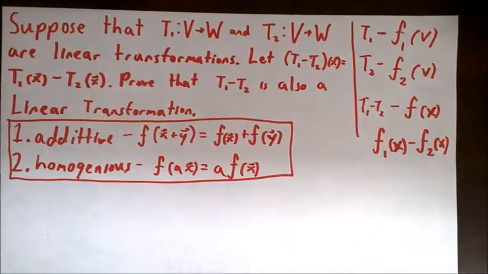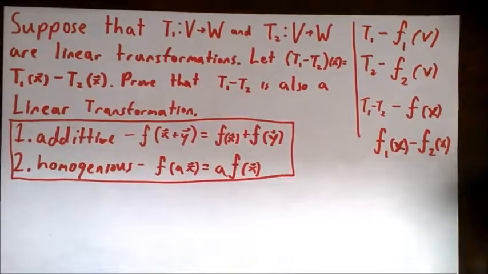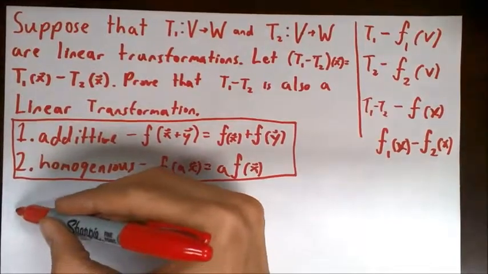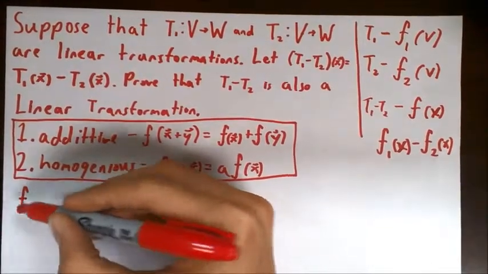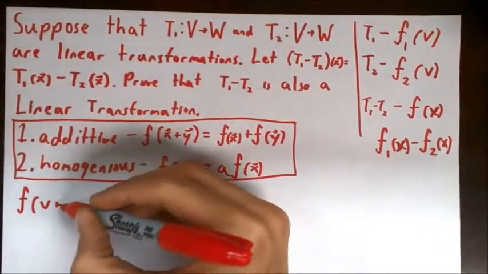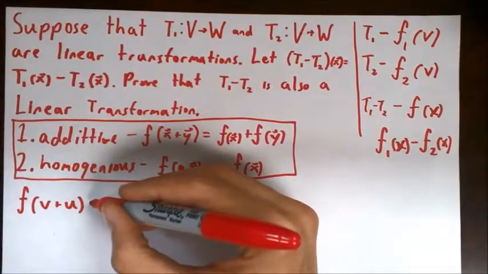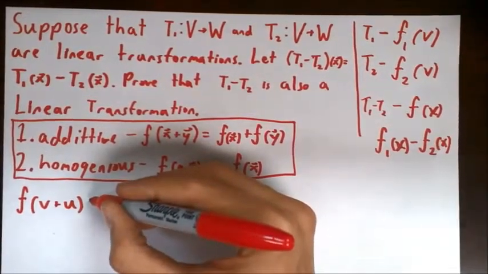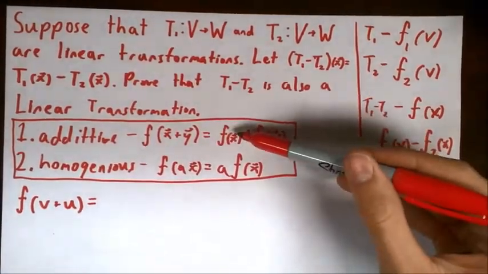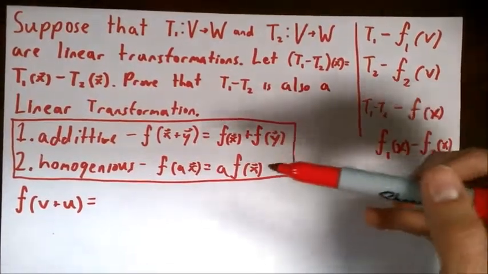So now that we have these definitions, we can start to just plug them into the needed properties. We now know that the function that we are trying to find, f of v plus u, which is just two random terms like x and y, needs to equal the function of v plus the function of u.